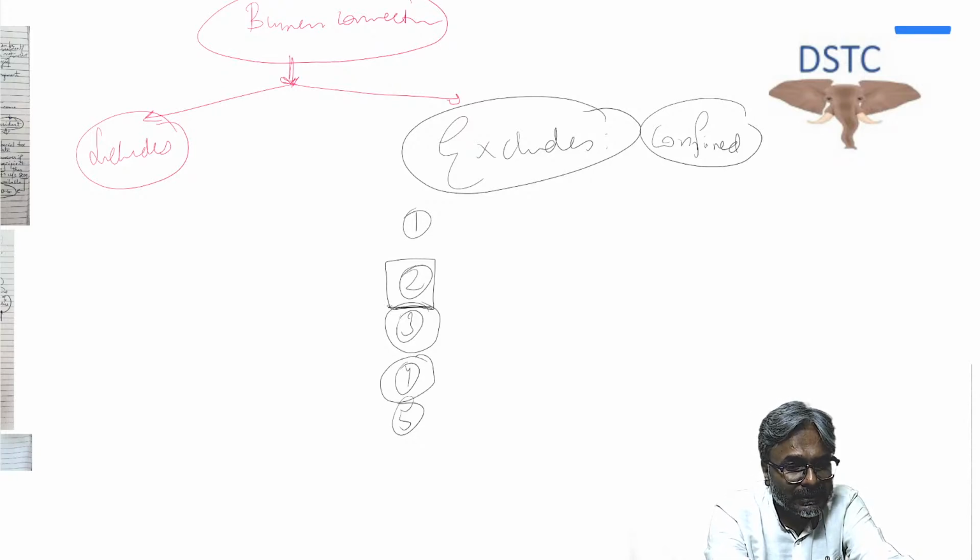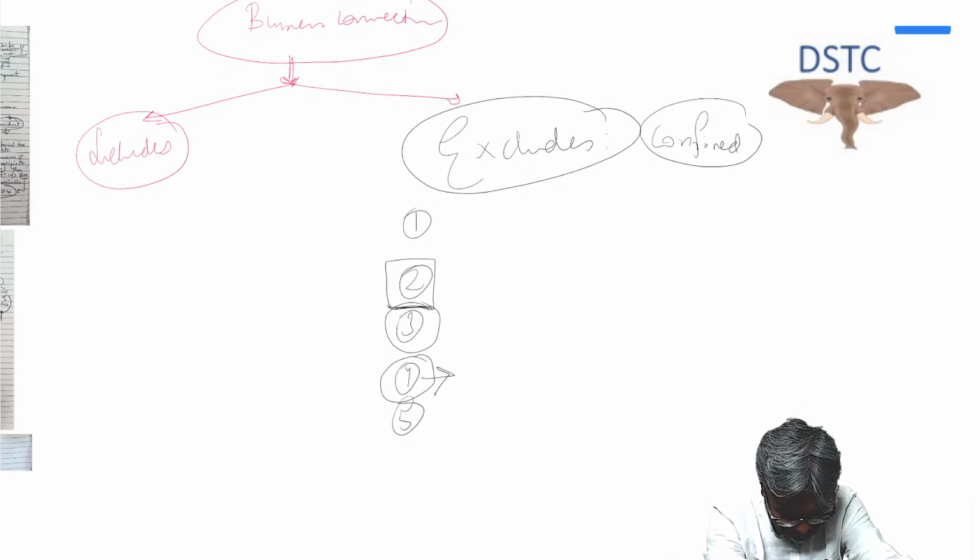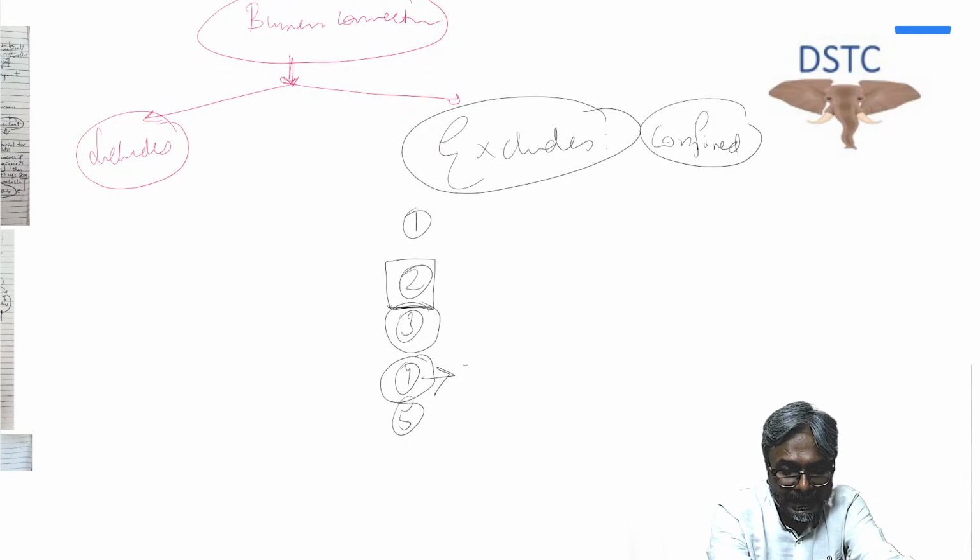The fourth activity, students, is an important one because this is an activity which is applicable only in the case of the person who is engaged in the business of mining of diamonds.